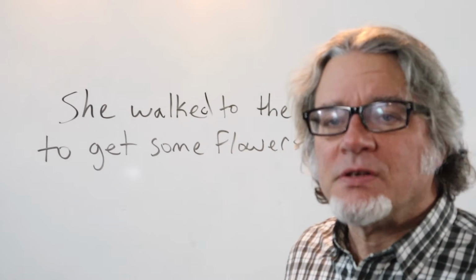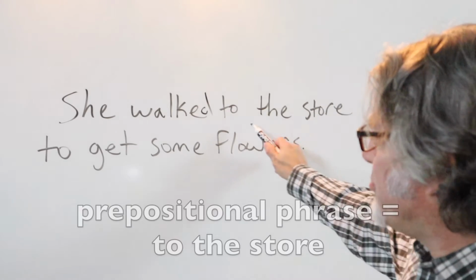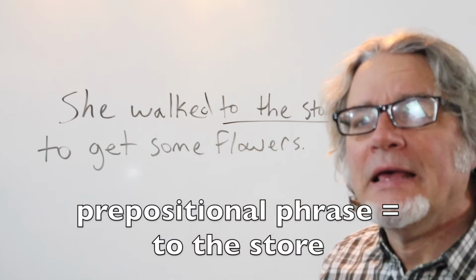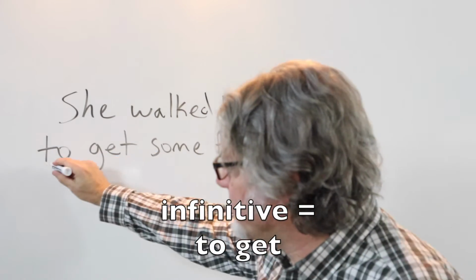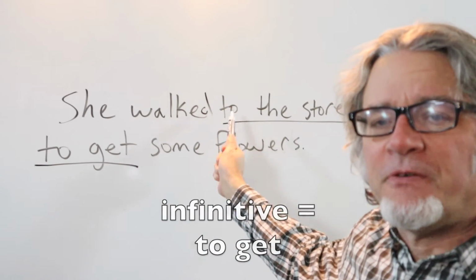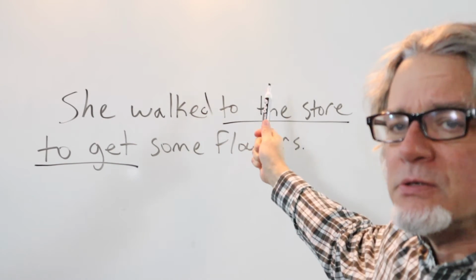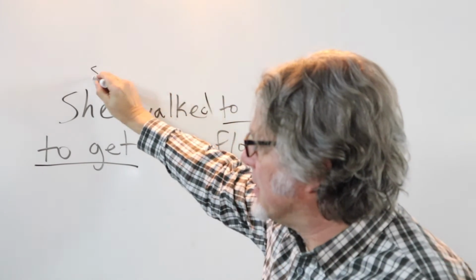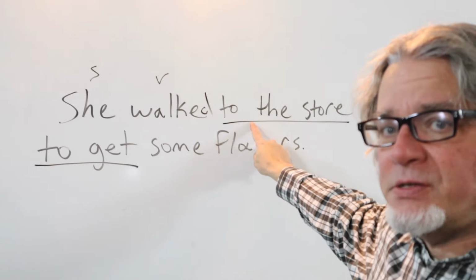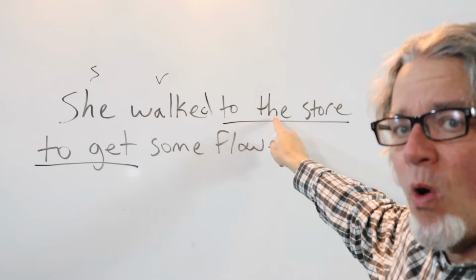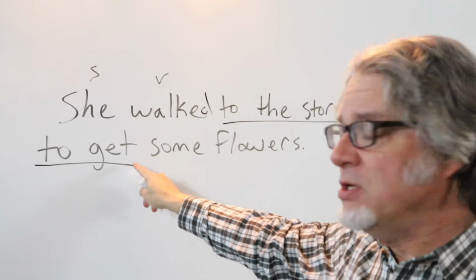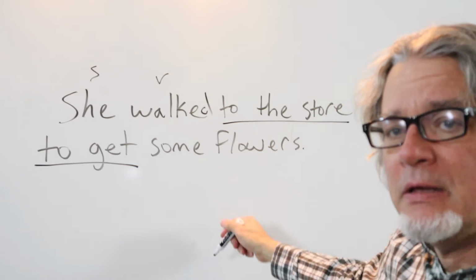In this sentence, there is a prepositional phrase, to the store, and an infinitive after the prepositional phrase. So here's the subject and this is the verb. This prepositional phrase indicates where she walked, and this is the reason why she walked to the store.